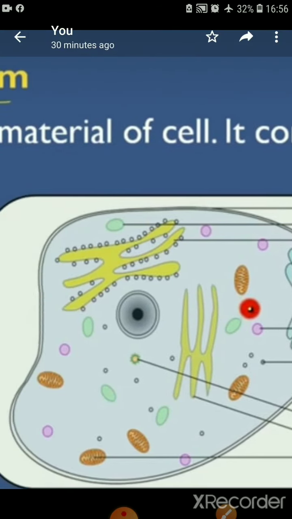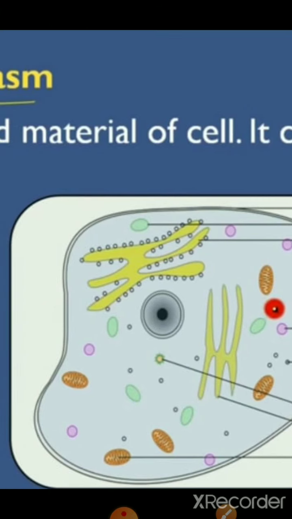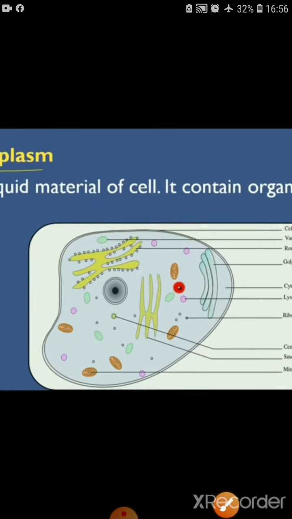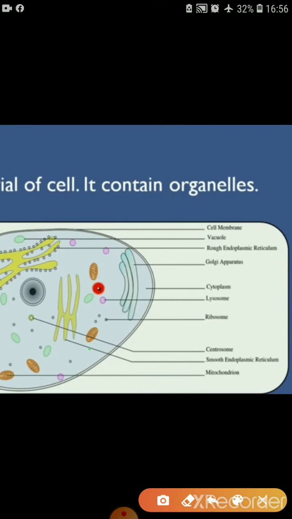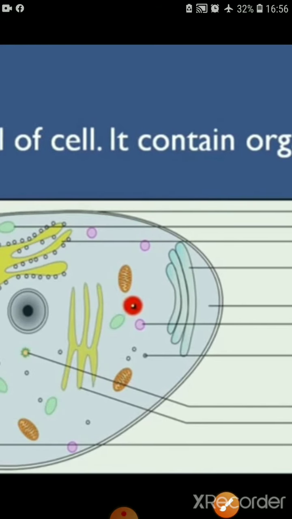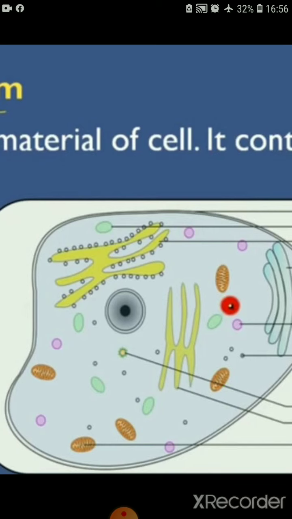This orange rod type shape seen here is called mitochondria. Fine. This orange colored shape is called mitochondria.